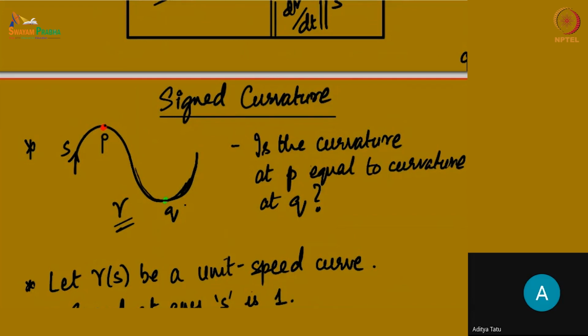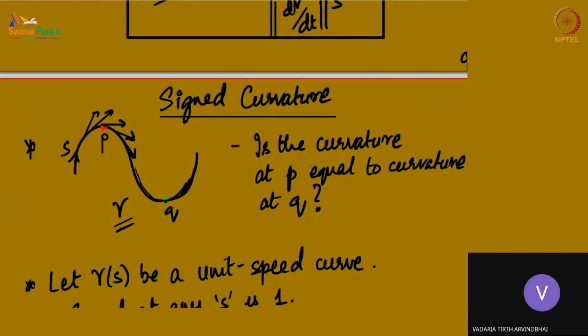And if I draw the tangent vectors at points near these, by the way, I did not explicitly mention it, but the velocity vector would be nothing but the tangent to the curve, right?